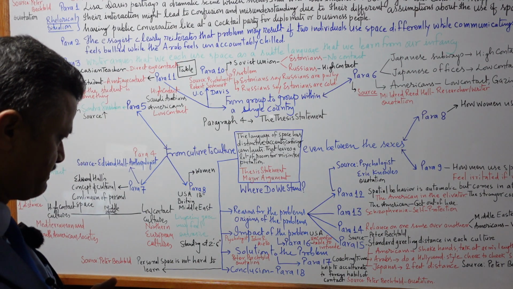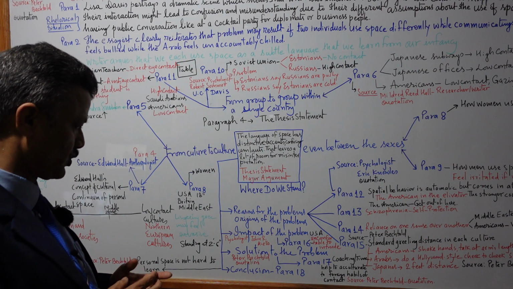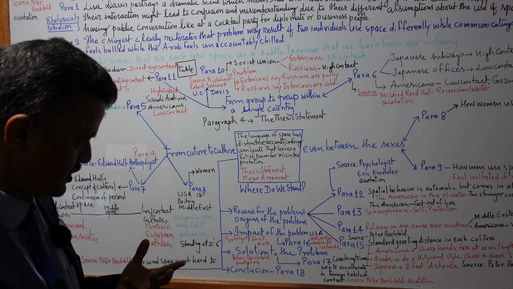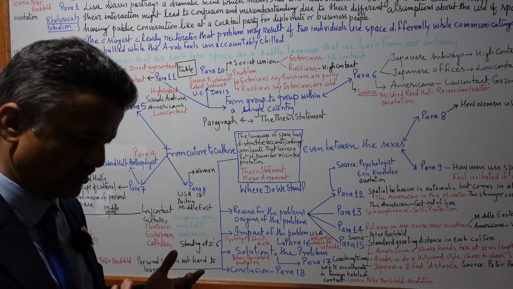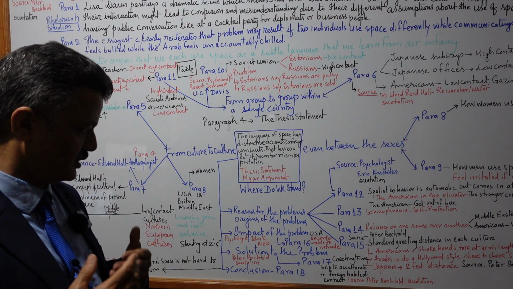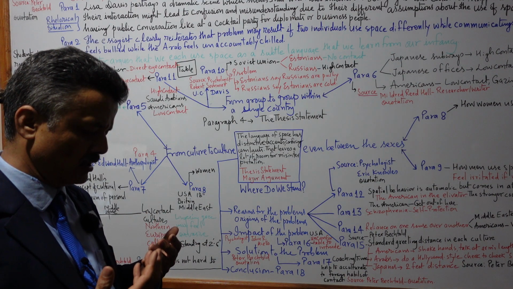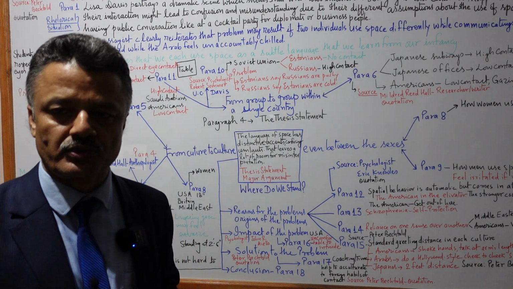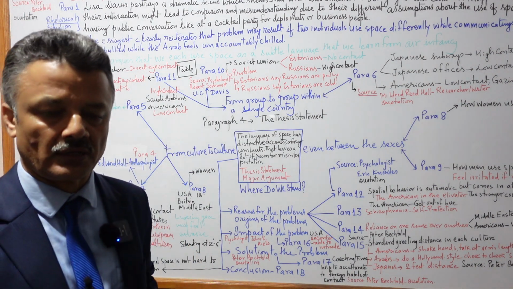Then we move to paragraph 16, where we read that space use has a real impact. For example, even Americans feel uncomfortable when they have to stay too close to a foreign person.